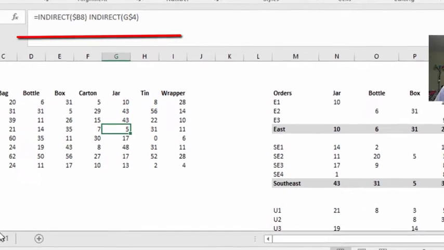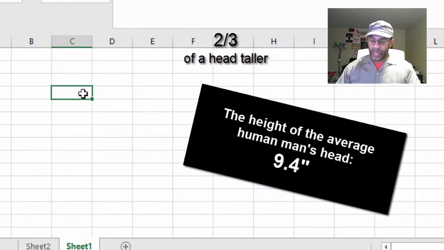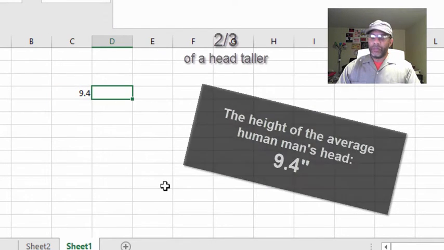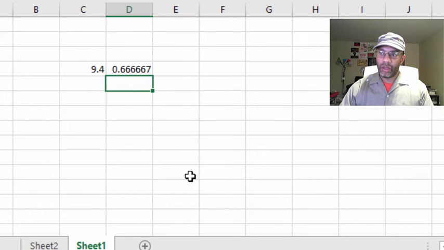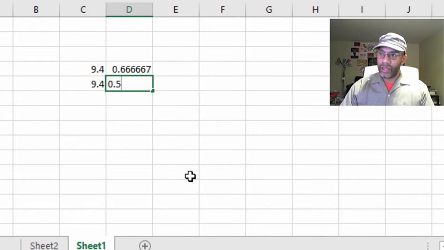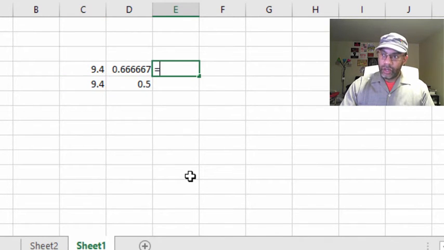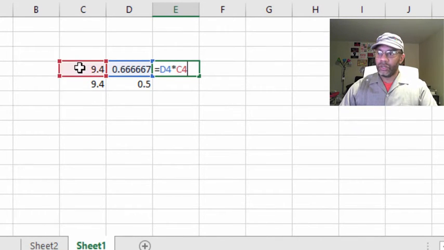So let's do something here. The height of the average human man's head is 9.4 inches. So let's say Bill Jelen equals 2 divided by 3, taller than me, and then 9.4, 0.5 equals this times this.